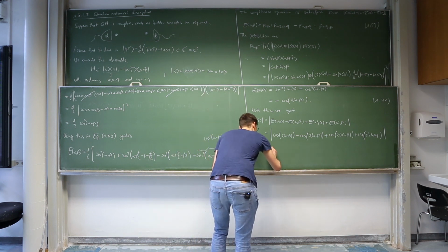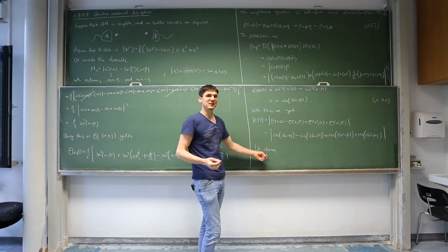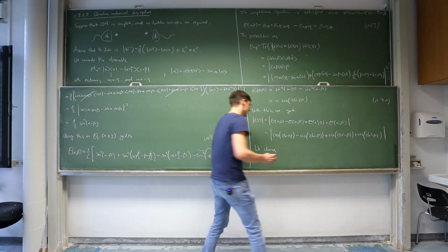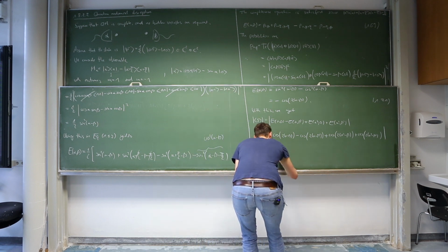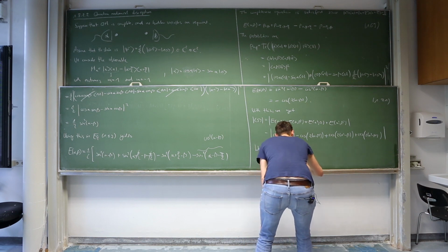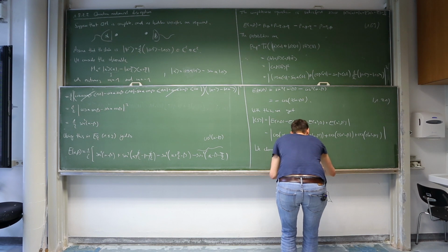We choose, and I mean, it is not easy to see for which angles this gets maximum. I just state them here, and we're then gonna finish the calculation. So we choose now alpha is equal to 0 plus some arbitrary phi. Beta is equal to pi over 8 plus phi.